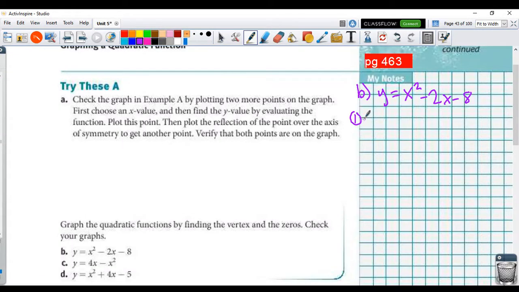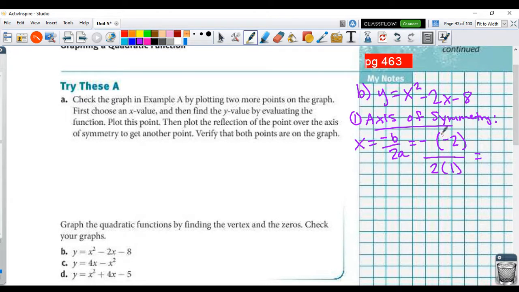Okay, so the first step was to find the axis of symmetry. Remember that's that equation, x equals negative b over 2a. So b here is negative 2 and a is 1. So negative b is positive 2, so we end up having 2 over 2 times a, which is 1.